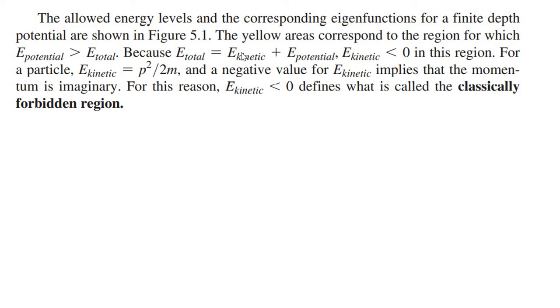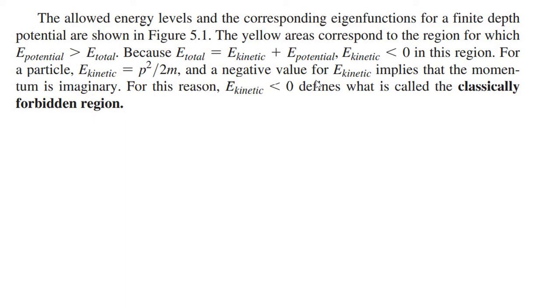So E kinetic has to be negative in the classically forbidden region, and for a particle kinetic energy is p square by 2m. So how can it be negative, because it is a square term? The answer is that it is possible if you assume that p itself is an imaginary quantity.